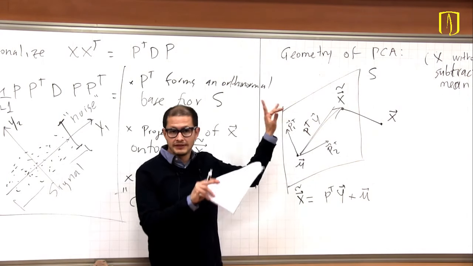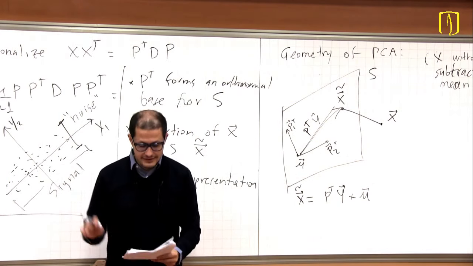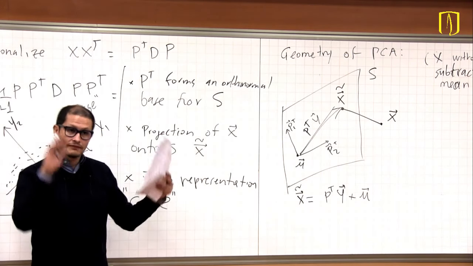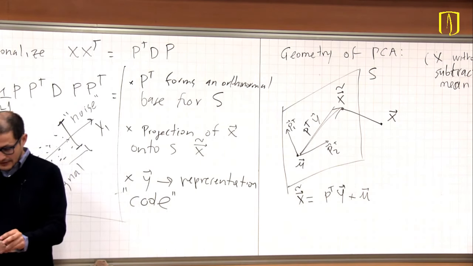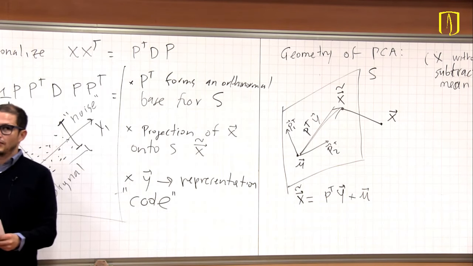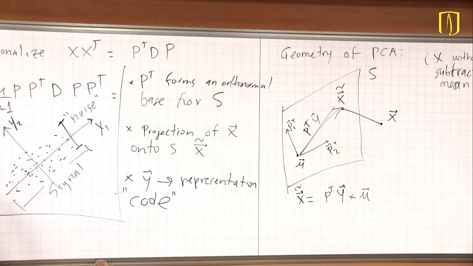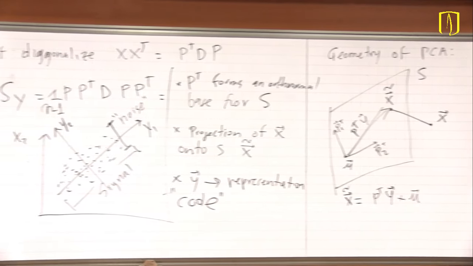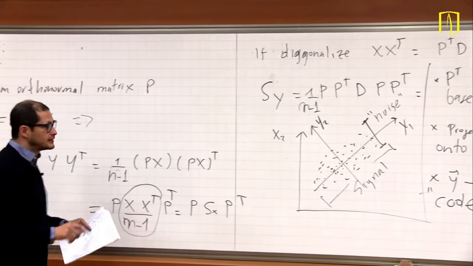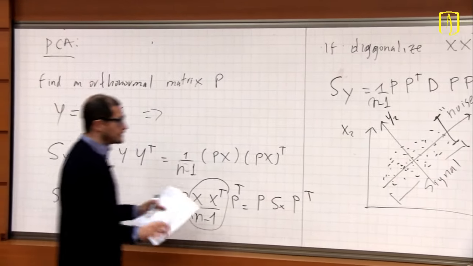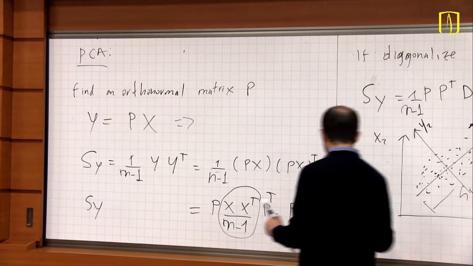That's the second way of rephrasing PCA. Let me give you the last representation before going into a new topic: PCA can be understood as a so-called linear autoencoder. Let me show you quickly this idea.